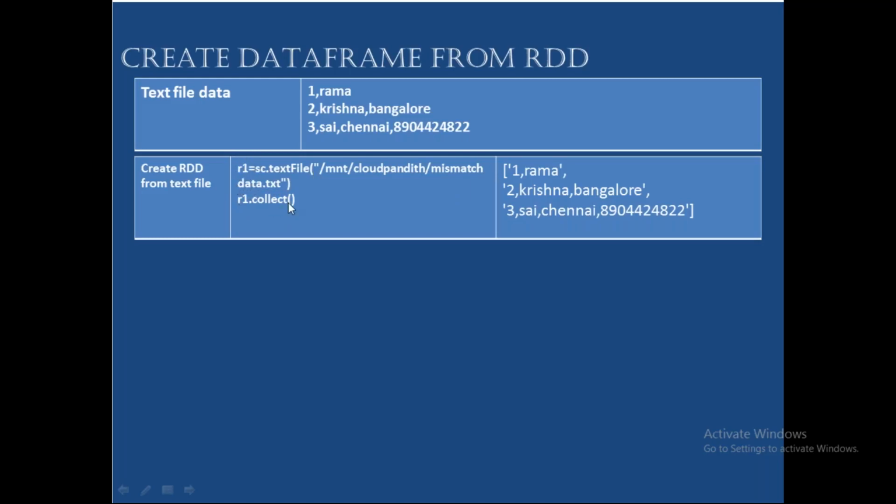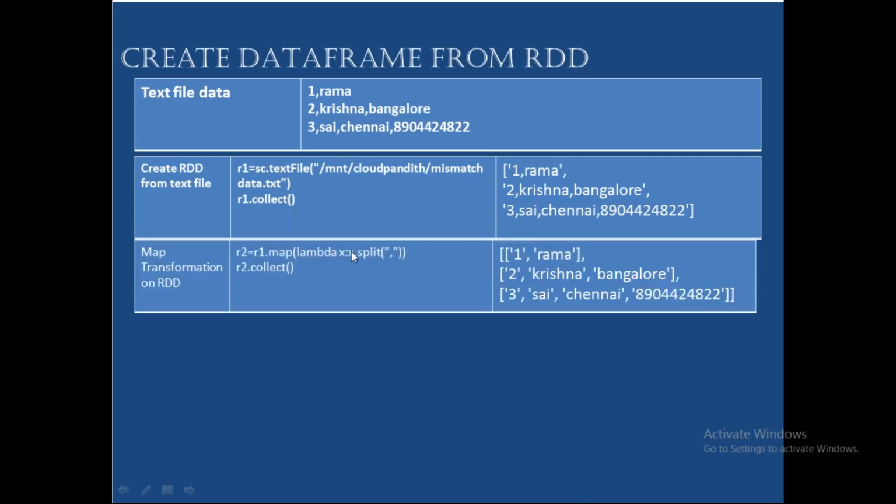Then r1.collect gives you the data like this: 1 comma Rama, 2 comma Krishna comma Bangalore, 3 comma Sai comma Chennai comma phone number. Each row is one object, each in single quotes. Now you need to split each row, right? We discussed the map and filter functions.